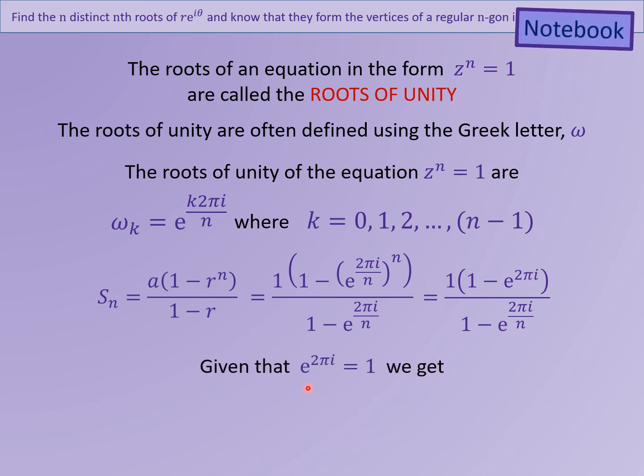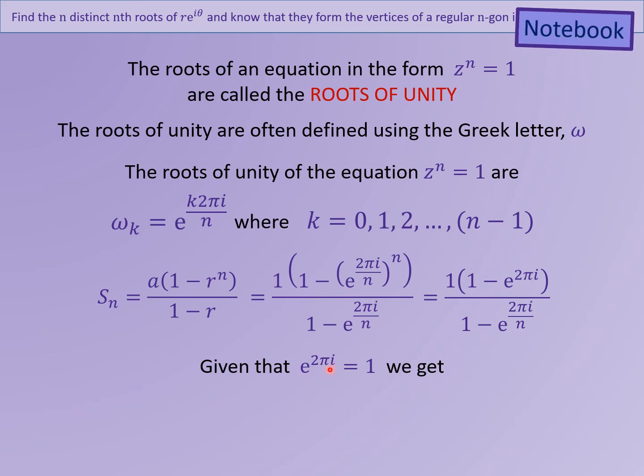But we know that e to the 2 pi i equals 1. We know that because if you think about what this number actually is, it's got a modulus of 1, and it's got an argument of 2 pi. So if you imagine you're stood at number 1 and you rotate 2 pi, you're back to where you started.